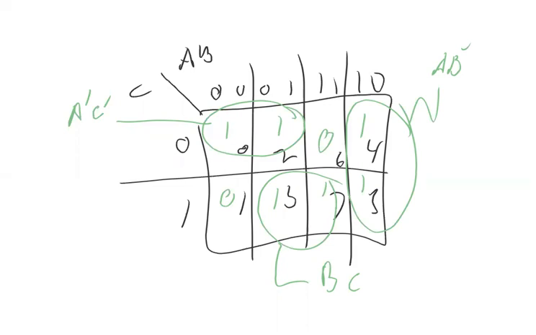Well, I guess I could probably do something like this. Suppose I did this, that, and this. That would have been legit. That's 3 loops. So that's an alternative looping. In other words, a minimal form is not necessarily unique.